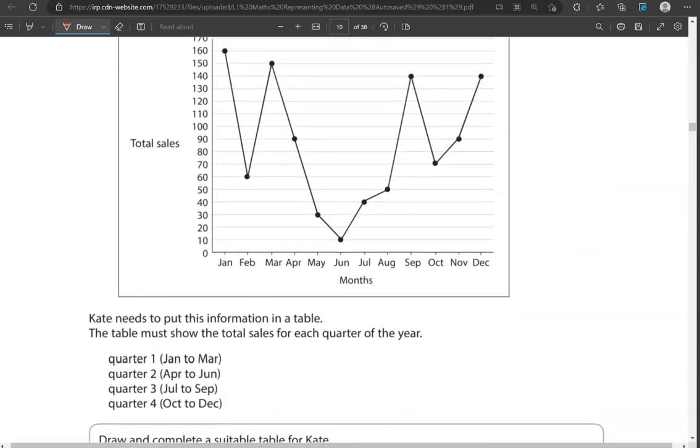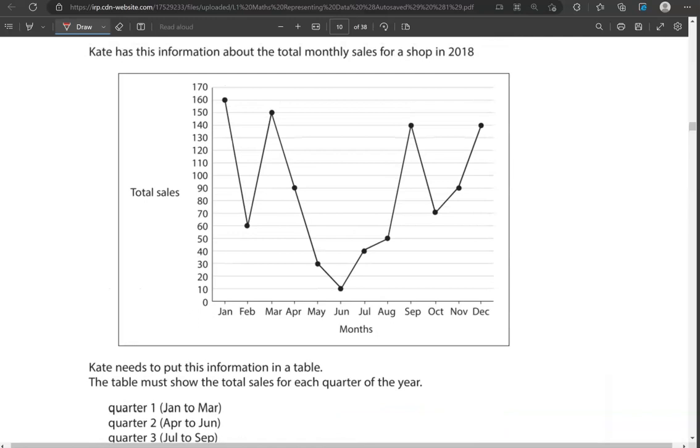Quarter 1 covers January to March, so January 160, February 60, and March 150.